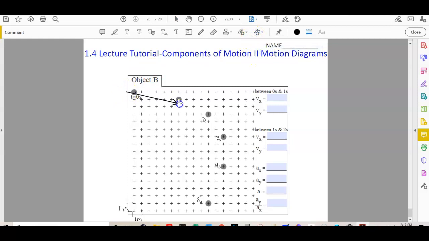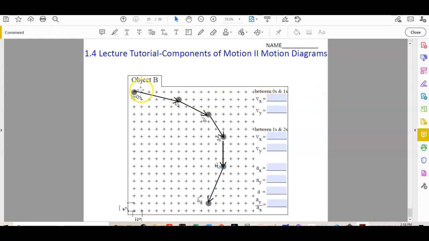The vector tool here is going to go from there to there in the first second, and the next second it's going to go from there to there, and then in the next second it's going to go there to there, and in the next second it's going to go straight down, and in the last second you go there to there.